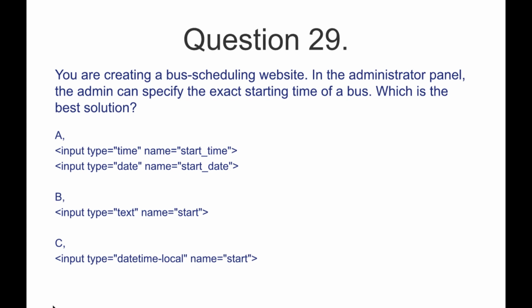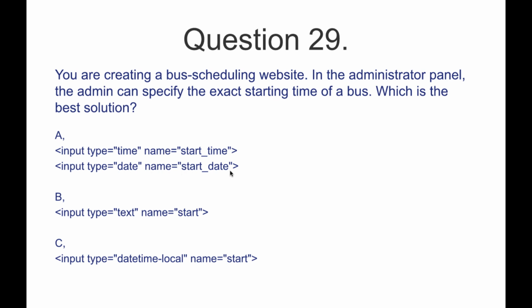Question number 29. You are creating a bus scheduling website. In the administrator panel, the admin can specify the exact starting time of a bus. Which is the best solution for the inputs? So we've got A, where we've got an input, and this is type time, and name is start time. Input type is date, and name is equal to start date.